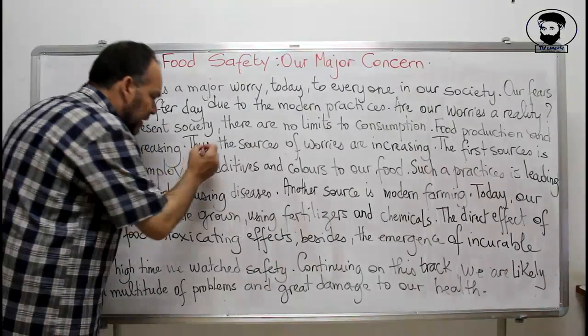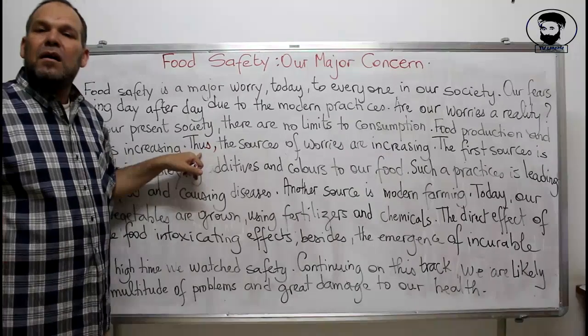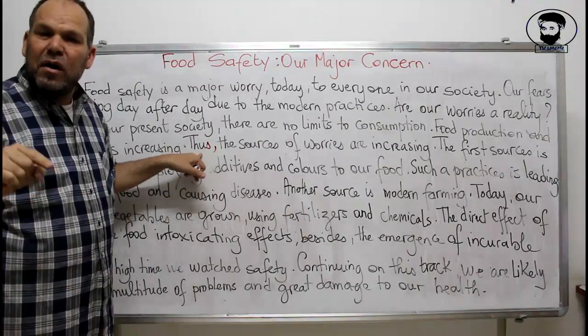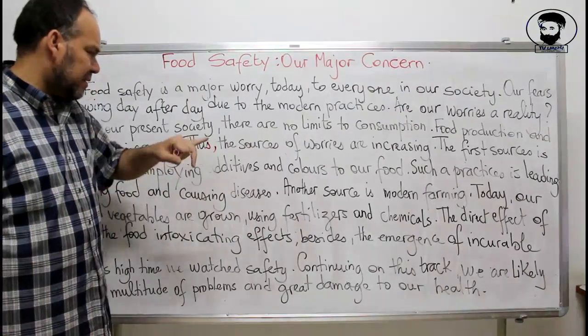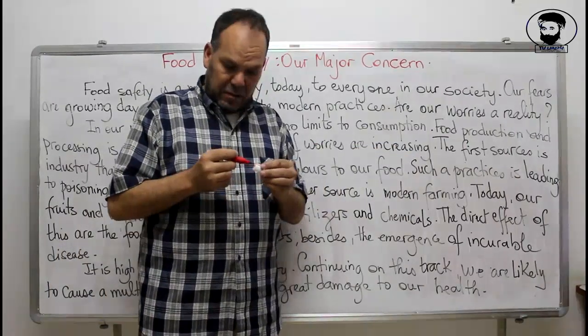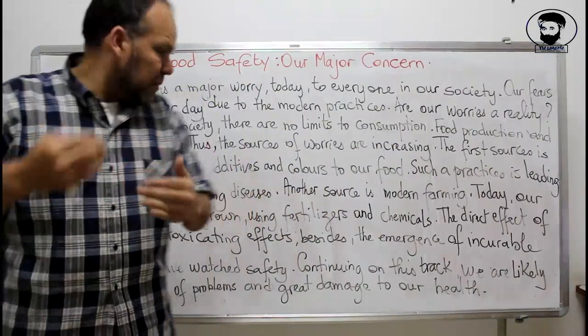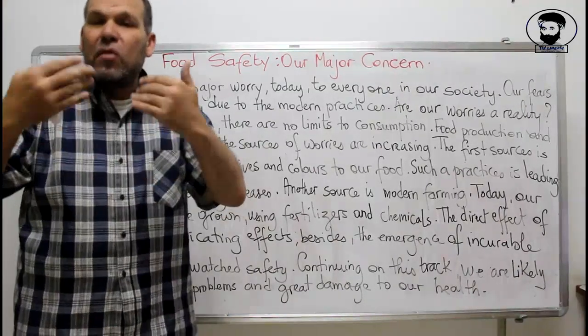Thus, full stop, thus is an adverb of the consequence. Therefore, so, thus, the sources of worries are increasing. So, because the food production is increasing, the worries are increasing.